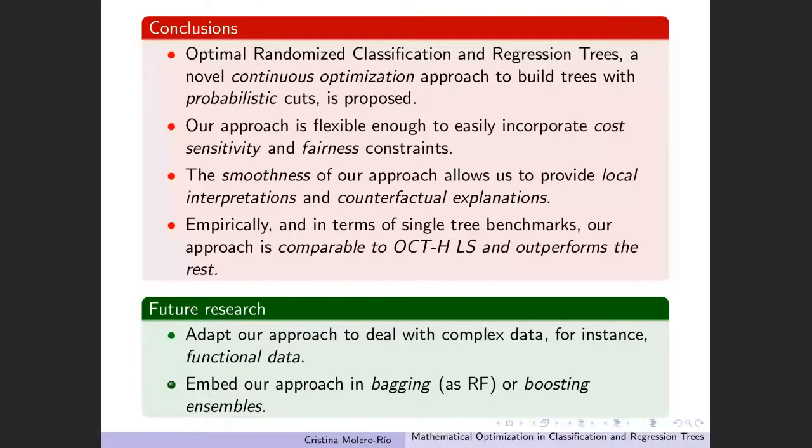And empirically, we are comparable or outperform the benchmark. For future research, we would like to deal with functional data, and also it is interesting to try to embed our approach in bagging or boosting ensembles.